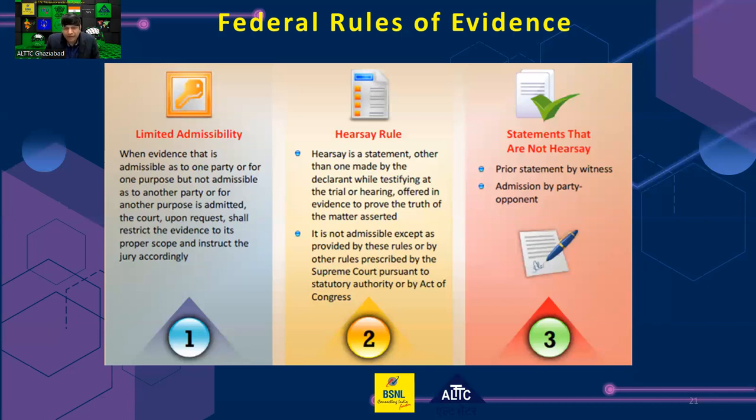It is not admissible except as provided by these rules or by other rules prescribed by the Supreme Court pursuant to statutory authority or by act of Congress. Statements that are not hearsay include a prior statement by a witness and an admission by a party opponent. These are three very important federal rules of evidence.